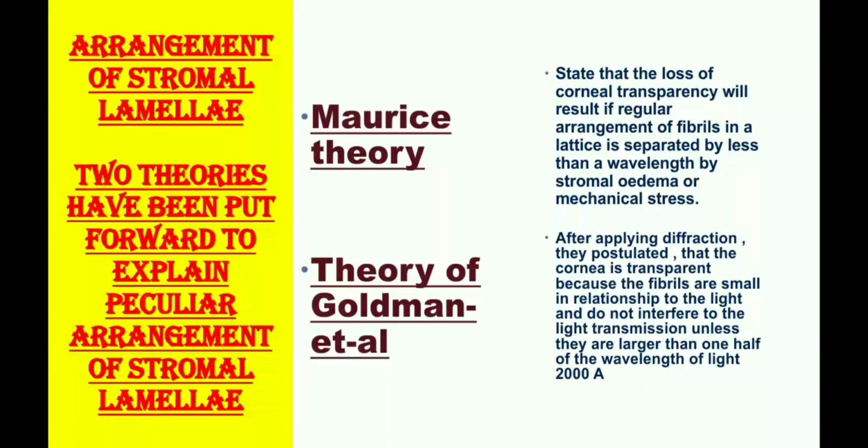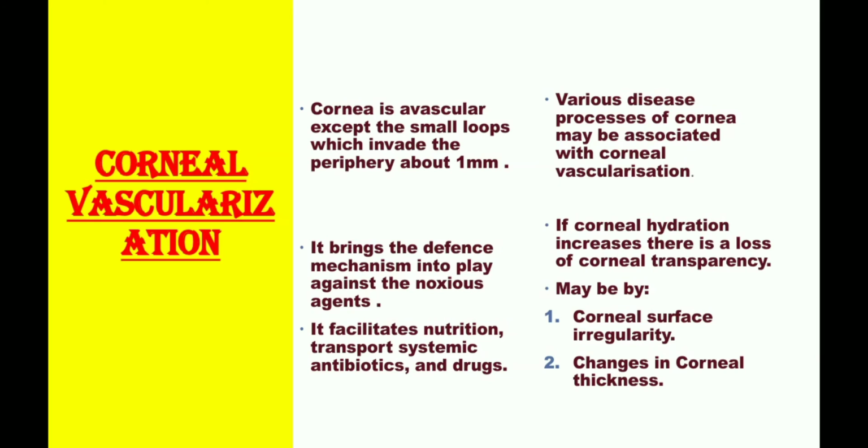Okay. Corneal vascularization. As we all know, the cornea is an avascular structure. As I have told you in my previous video on the blood supply of the cornea, the cornea is avascular except the small loops which invade the periphery about 1 mm, and corneal vascularization is associated with various disease processes.